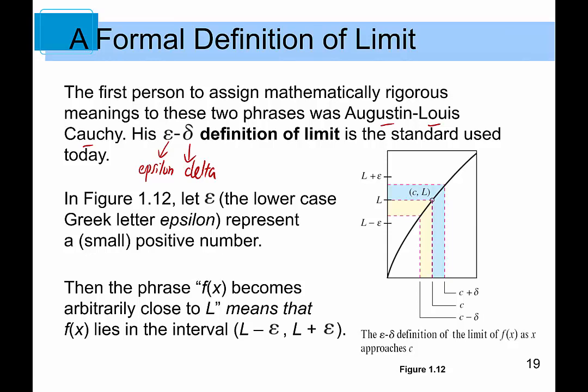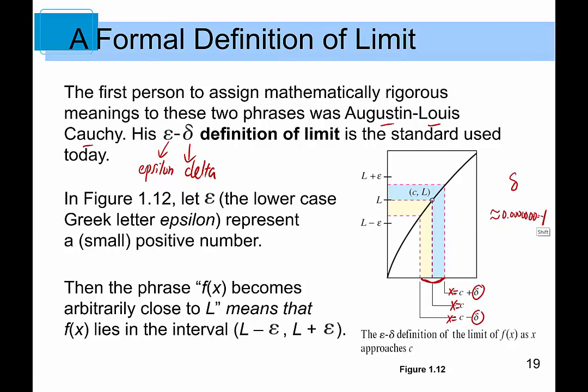So let's take a look at this graph. So this is delta. So x equals c, that's what we are looking at. Within a very tiny little interval here, because delta is a very small positive number, you can view it as something like a lot of zeros in between.